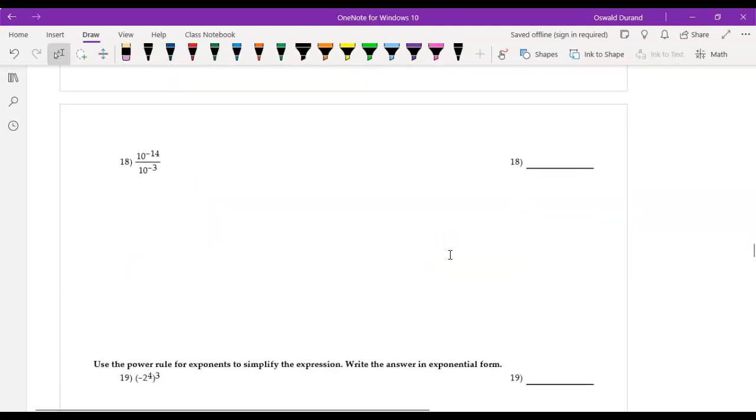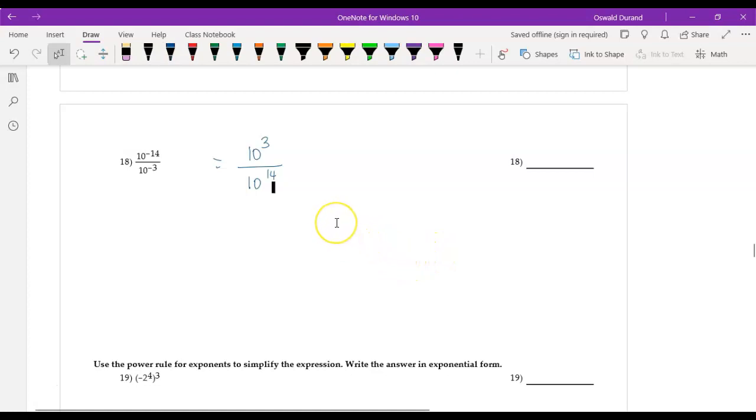All right. So we have 10 to the power of negative 14 over 10 to the power of negative 3. If you have a choice, I'll show you the trick. If you remember the trick, you can put them as positive exponents first: 10 to the power of 3 over 10 to the power of 14. Then apply the quotient rule, just like we mentioned.